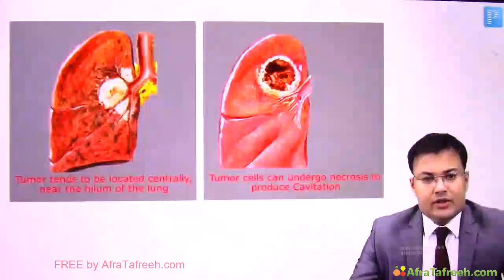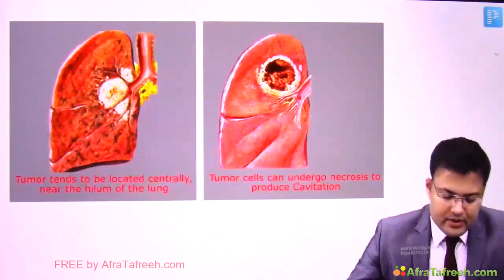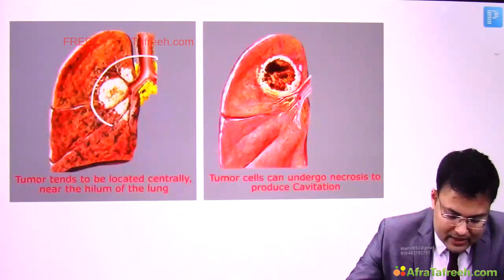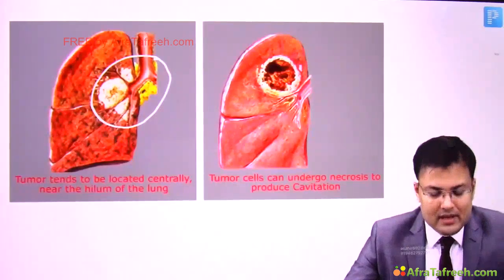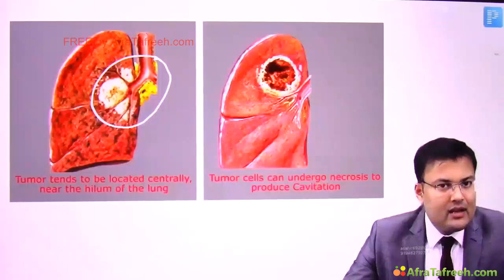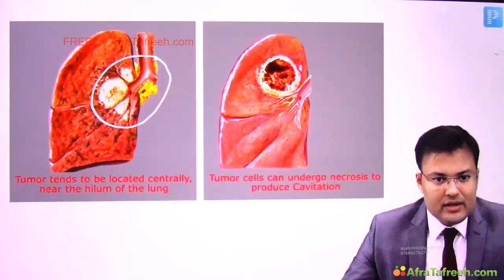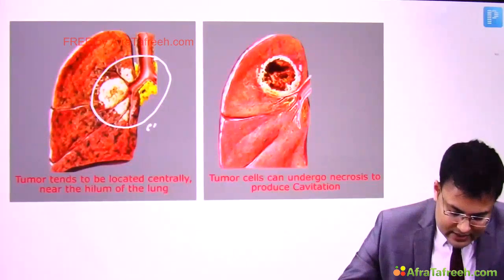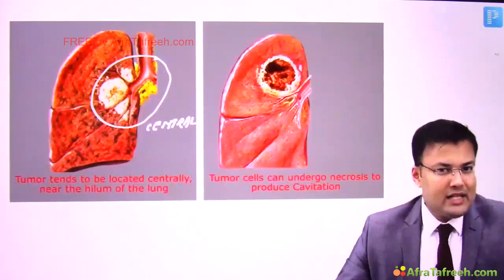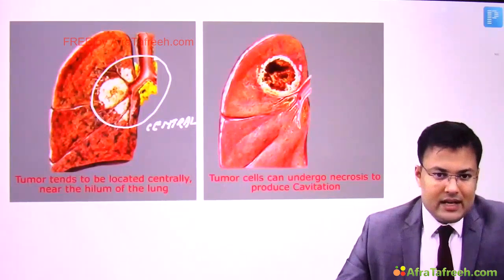Now look at this tumor and tell me the type. See, this is a hilar tumor. So there is a hilar mass. Location is central. We discussed squamous cell carcinoma as well as small cell lung cancer can be central.